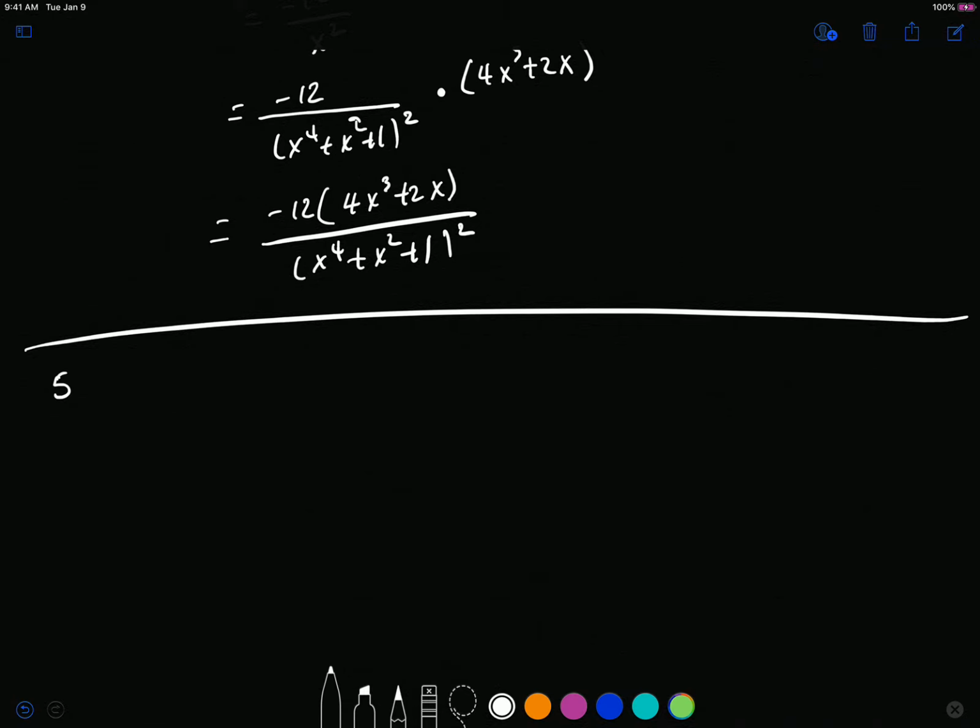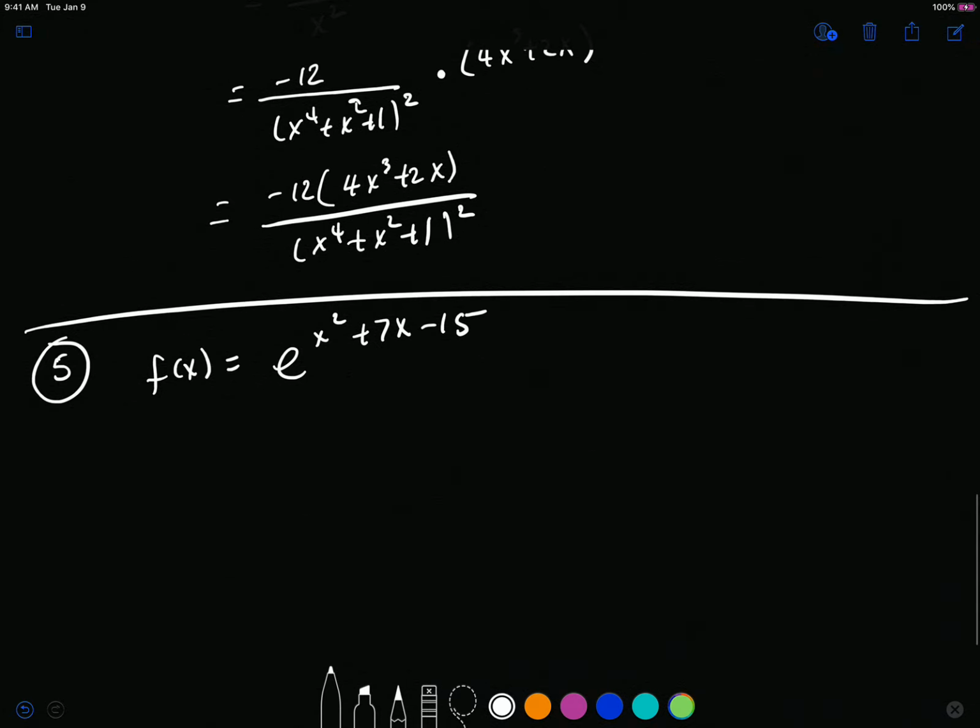Again, you can always feel free to pause and rewind, take your time, make sure you get these things right. My function is e raised to the x squared plus 7x minus 15. And so, therefore, my inside function is x squared plus 7x minus 15.